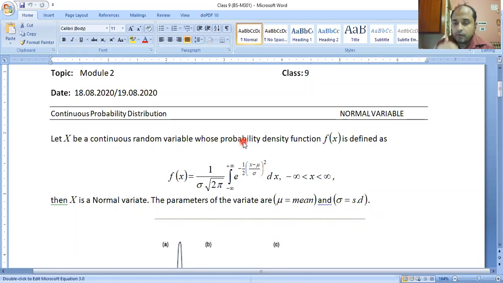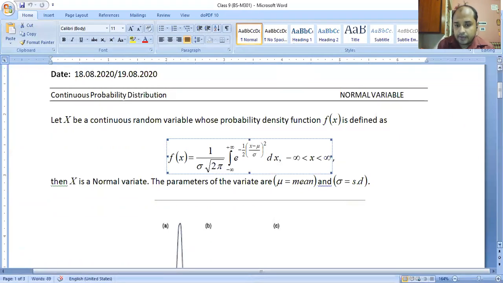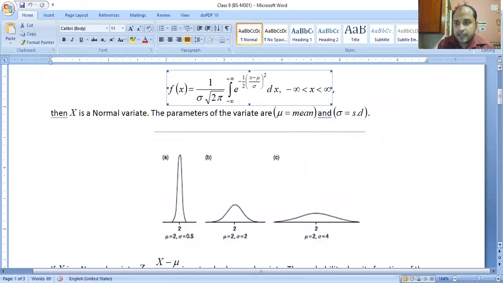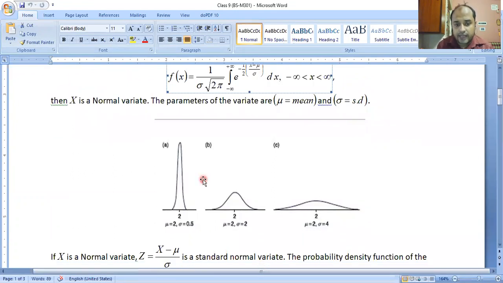I'm now going to show you what happens when we get different mu values and different sigma values, and what the shape of the normal variable is. Here is a set of diagrams. Carefully look into them. Three diagrams have been shown. This is spiked, this is moderate, and that is a little bit smooth, or you can say a little bit flat.